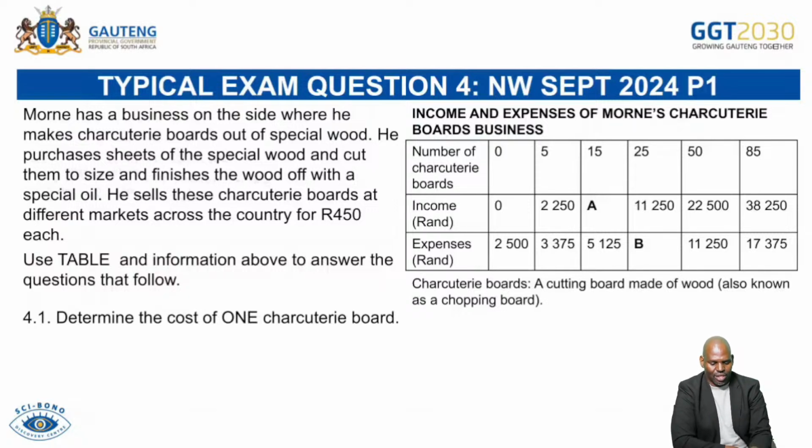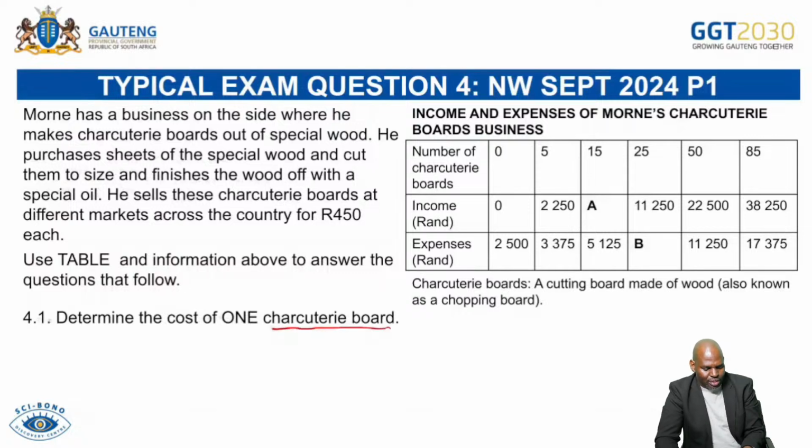He sells these charcuterie boards at different markets across the country for 450 Rand each. Use the table and information above to answer the questions that follow. Determine the cost of one charcuterie board. So in this case, we have to determine the cost of one board.